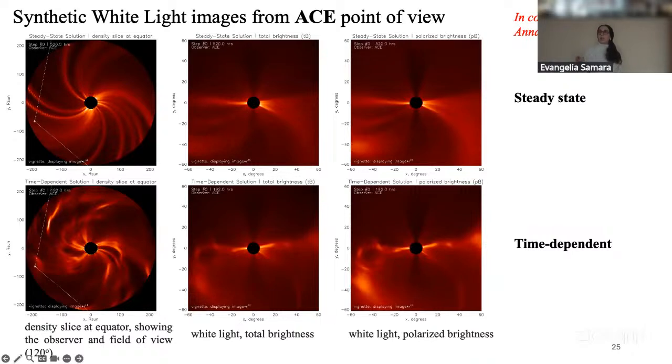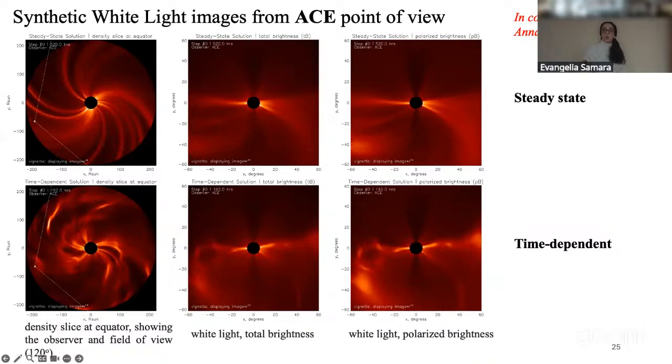In total brightness and in polarized brightness, they do not have much difference here. And I'm not sure if you really distinguish, but what we see is density structures, and I hope you agree with me that the details for the time dependent are much more obvious compared to the steady state approach.